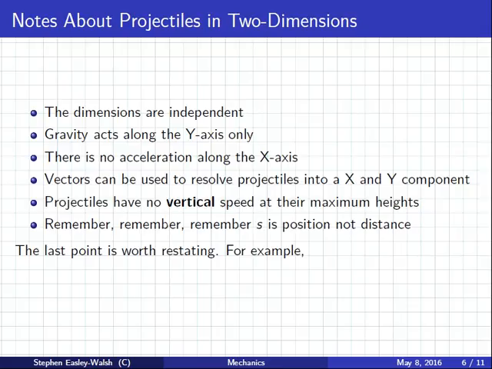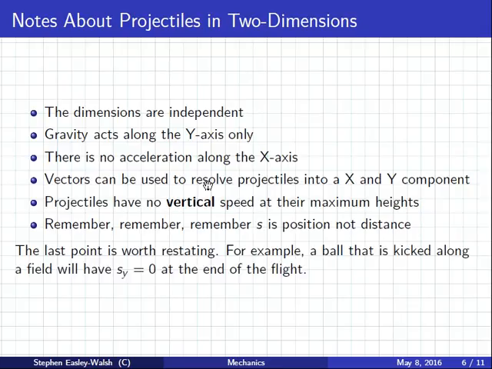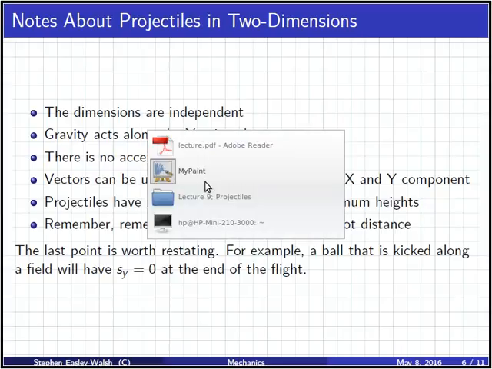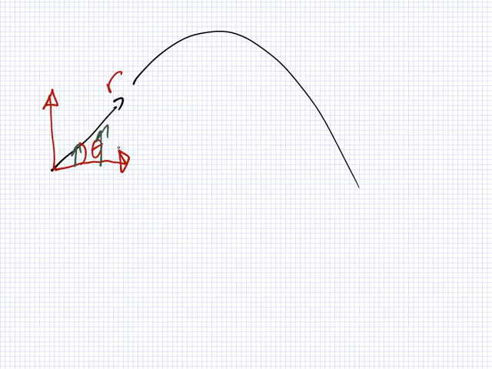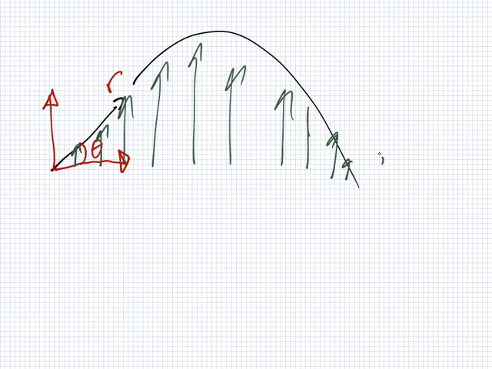For example, if I kick a ball along a field, the SY will be 0 at the end of flight. Let me draw that for you. This is the SY, displacement vertically. At the end, the SY is 0 because it's on the ground. It has no height.